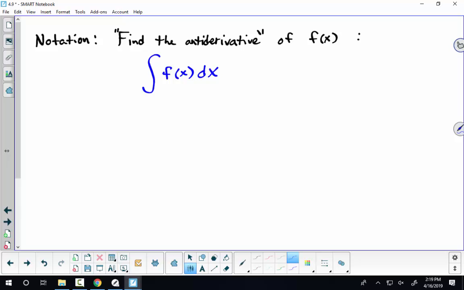So we'll see in chapter 5 what the elongated s means and where that dx comes from. But the dx basically tells us that when we took the derivative with respect to x, or with respect to t, that dx tells us we're finding the antiderivative with respect to that variable.